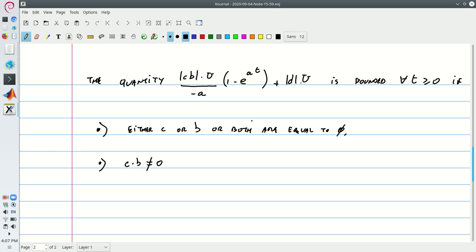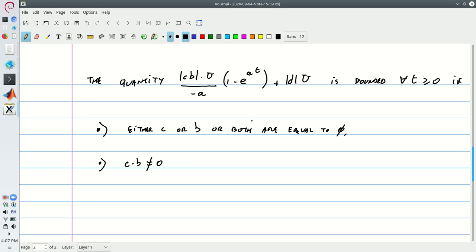Now, the term D times U doesn't give us any problem. The problem is given by the exponential of At. This exponential, when A is positive, goes to infinity. So if A is positive, we don't have any bounded stability.